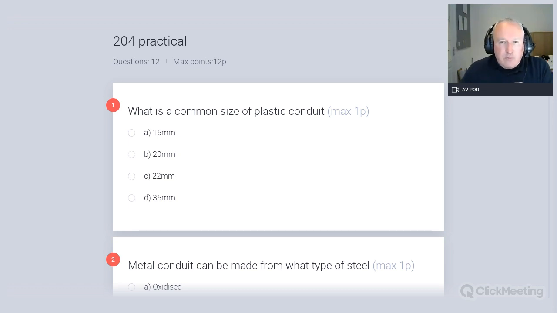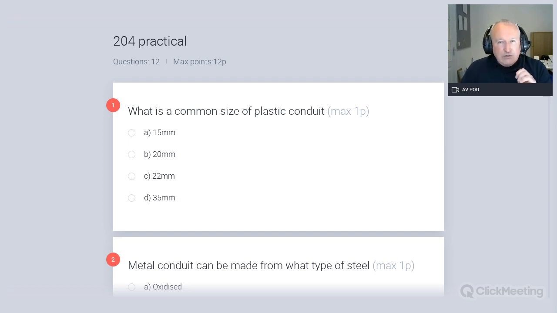What is a common size of plastic conduit for question 1? Question 2. Metal conduit can be made of what type of steel? Question 3.